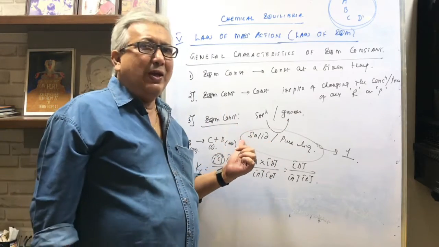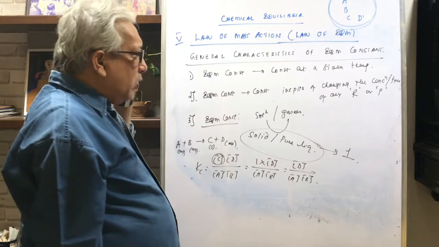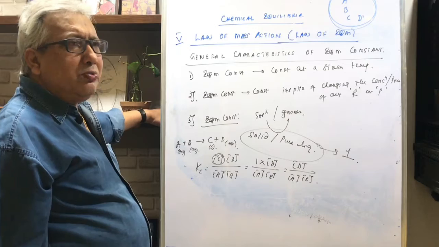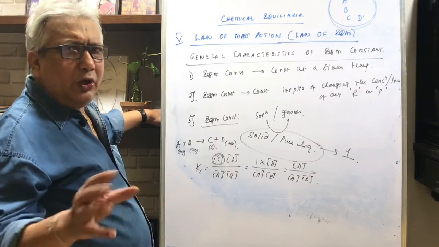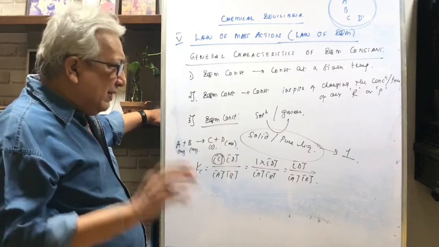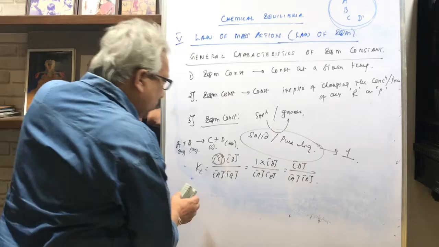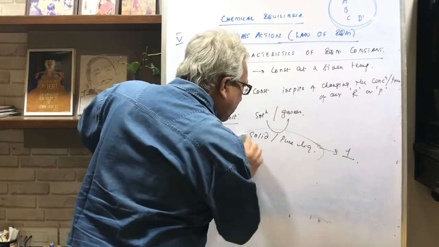Instead, take their value as 1. So that is the point: when you write the equilibrium constant, for solutions and gases, concentration terms will be taken in suitable units. But if there is a solid or pure liquid, their concentration is taken as 1, and very smartly they are thrown out of the picture. So that is point number 3.